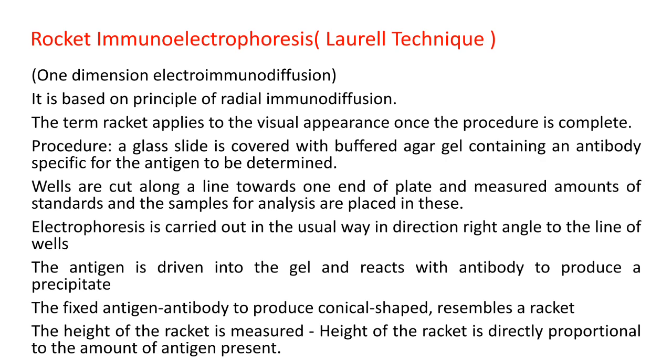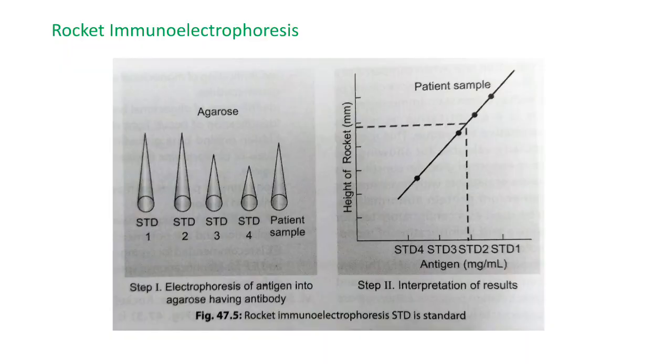The height of the rocket is measured, and the height of the rocket is directly proportional to the amount of antigen in the sample. Here you can see different standards along with the patient sample being used. Electrophoresis is done, and after that antibody is applied in the agar gel.